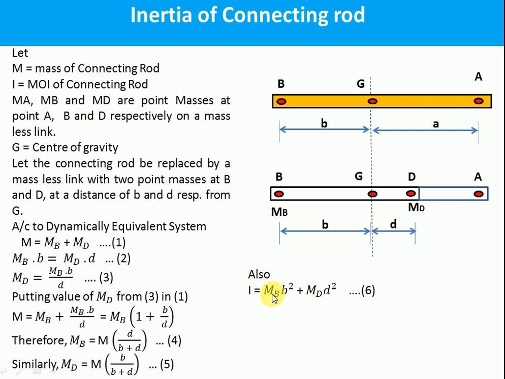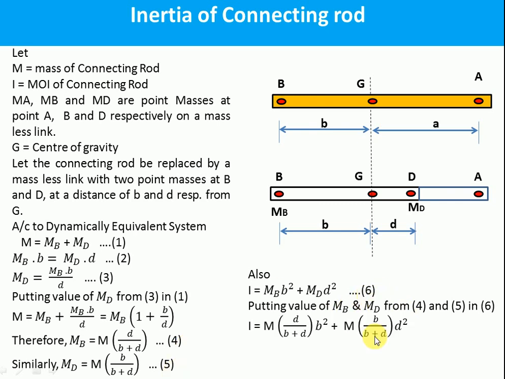So putting the value of MB as M into d upon b plus d and MD as M into b upon b plus d in equation 6, that is putting value of MB and MD from 4 and 5 in equation 6, we get M d upon b plus d into b square plus M b upon b plus d into d square.